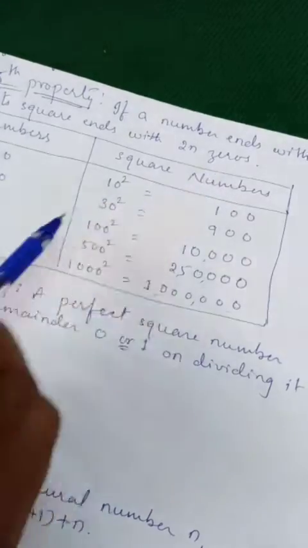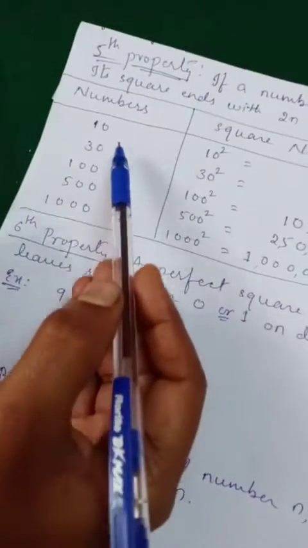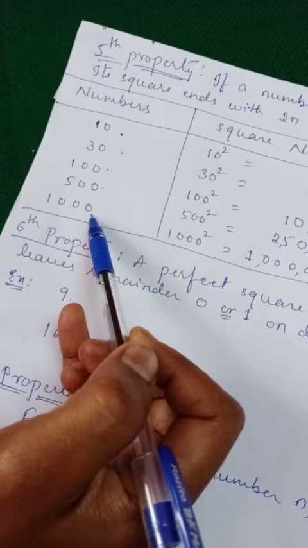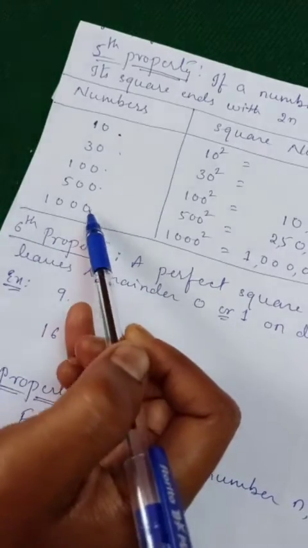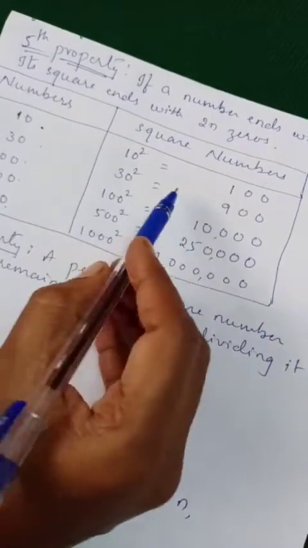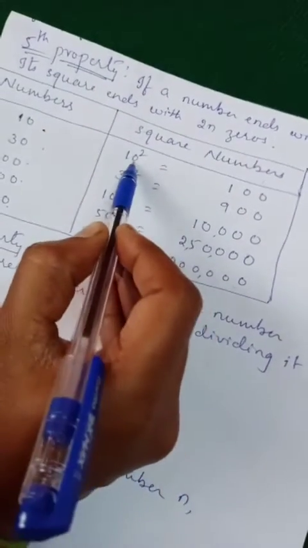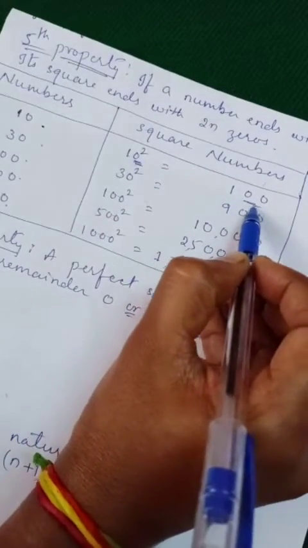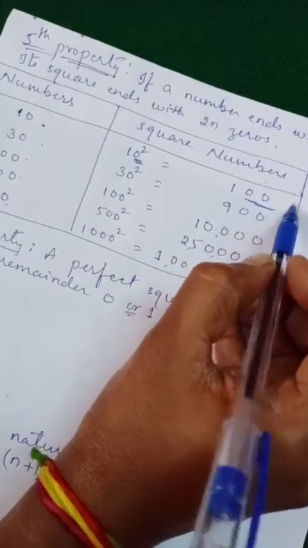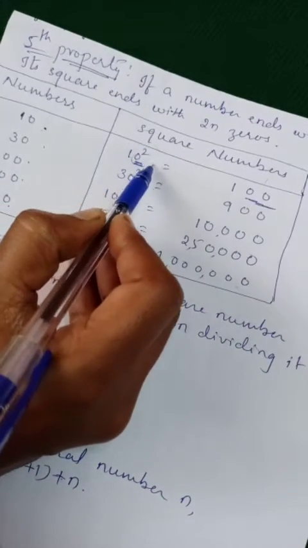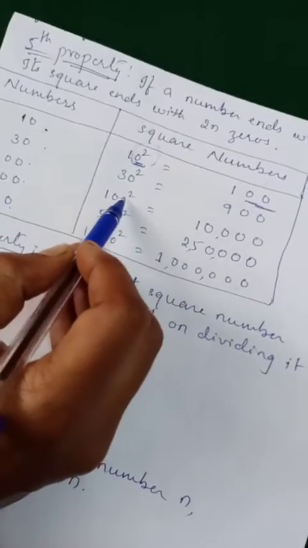Some numbers I have taken here: 10, 30, 100, 500, 1000. If you square the number, the number of zeros at the end of the square is double the number of zeros at the end of the number.